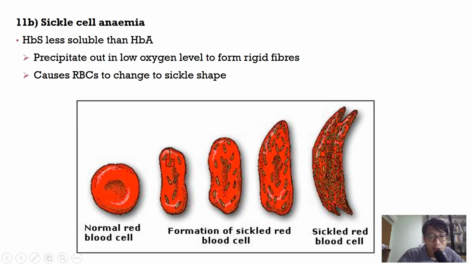So if you imagine all these fibers in the red blood cell, it causes the red blood cells to change shape from the normal circular disc shape to a very elongated, slightly bent shape known as the sickle shape. That's why it's called sickle cell, right?